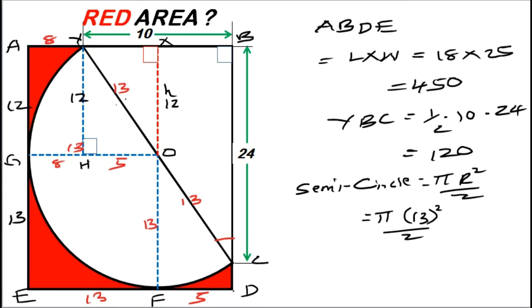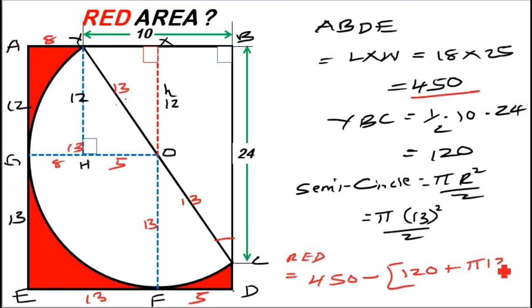Ladies and gentlemen, how do we now determine the red area? Now the red area is very simple. It is the area of the whole rectangle ABDE, which we found to be 450, minus the area of the triangle, which is 120, plus the area of the semicircle, which is pi 13 squared over 2.